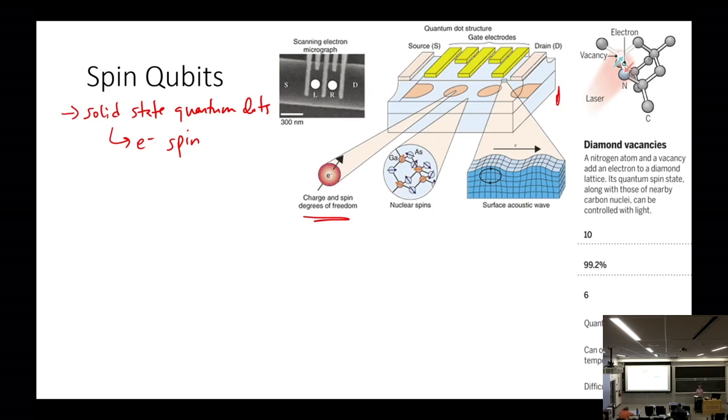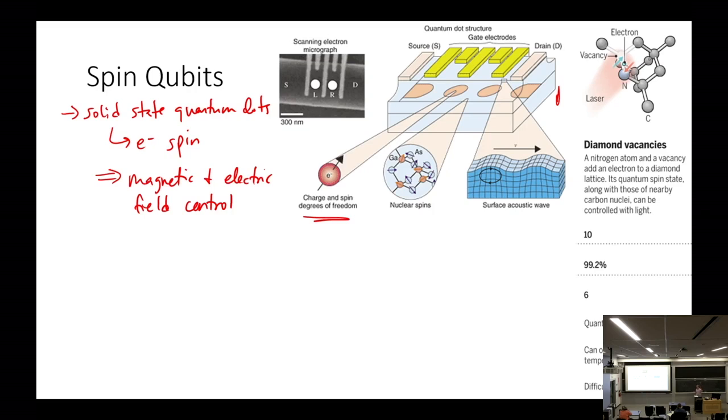These spins can act as simple quantum systems in lots of ways, but they also experience really complex effects due to the environment that they find themselves in, and that's a big negative to these systems. But they can be controlled quite easily. They can be controlled by both magnetic and electric fields, and they can generally be grown pretty straightforwardly, as I mentioned. Different types of spin qubits have different control mechanisms and noise susceptibilities.